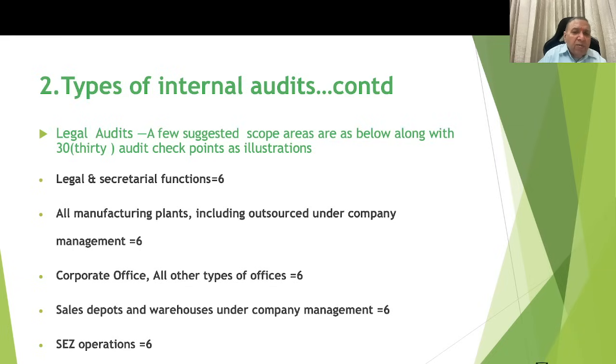Manufacturing plants, there are 6 points. For example, these may be relevant to safety, or to the Factories Act, etc. Corporate office and all types of offices, there are six aspects.